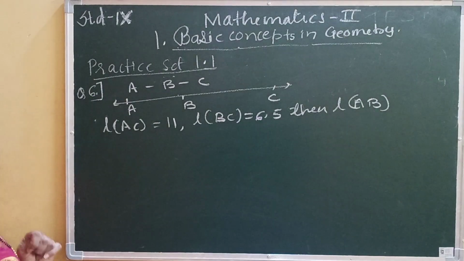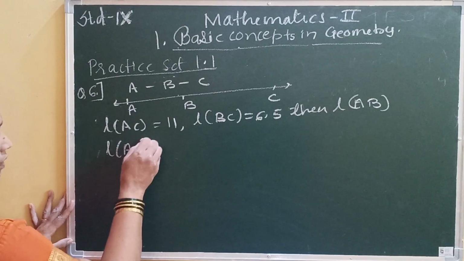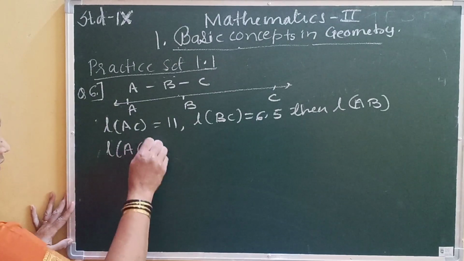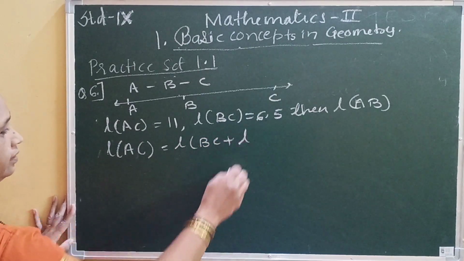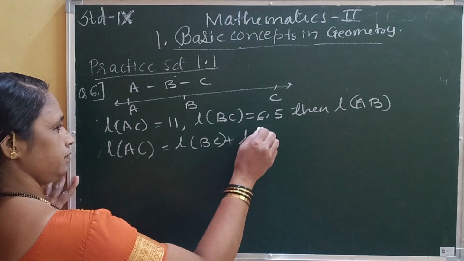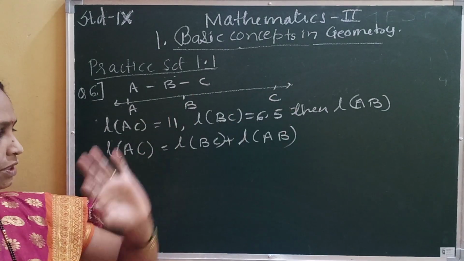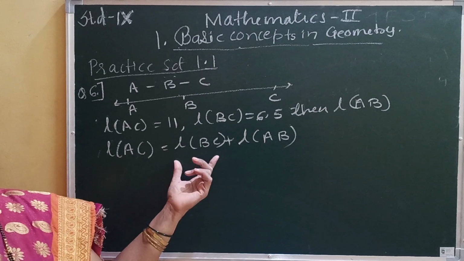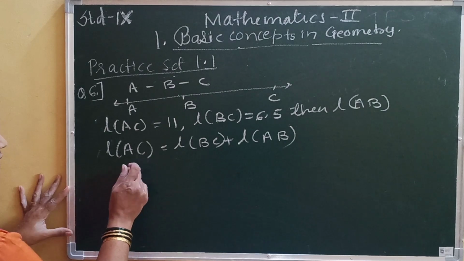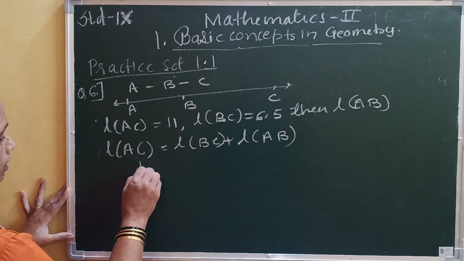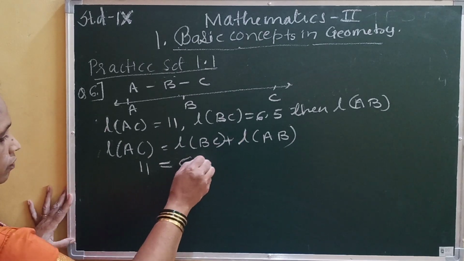So length AC will be equal to length AB plus length BC, or you can write length BC plus length AB also. Either way you can write. Length AC is given as 11 and length BC is given as 6.5.